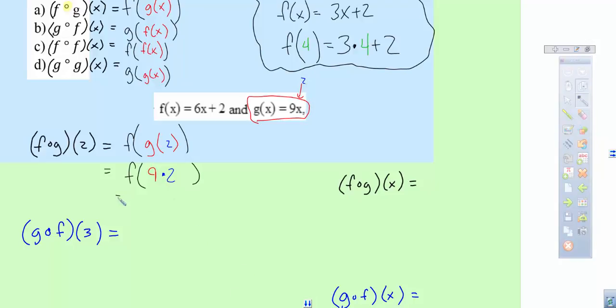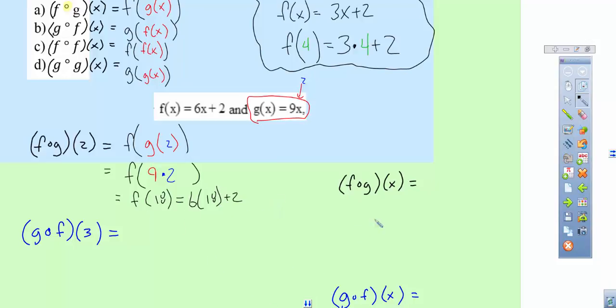So now we have f of 18, and just like with an original function, you replace the x with the 18, so this becomes 6 times 18 plus 2.